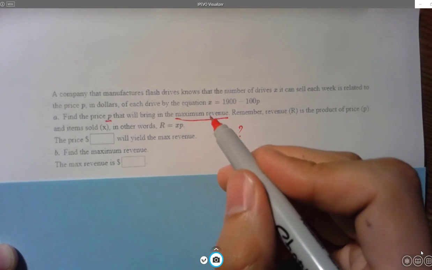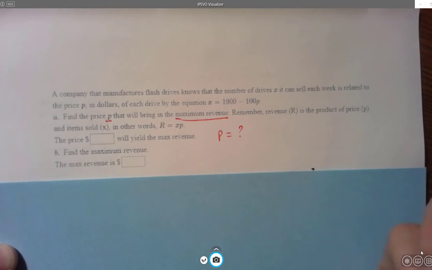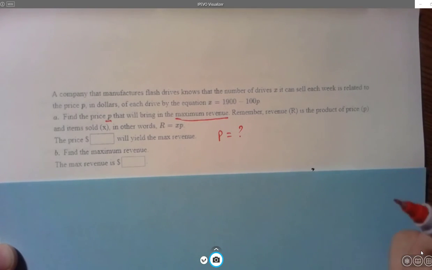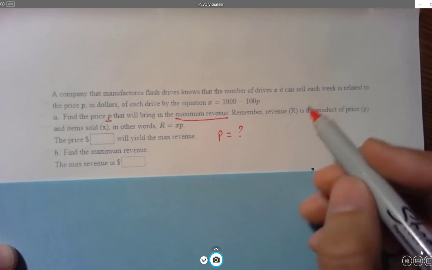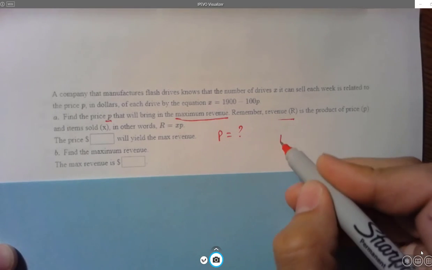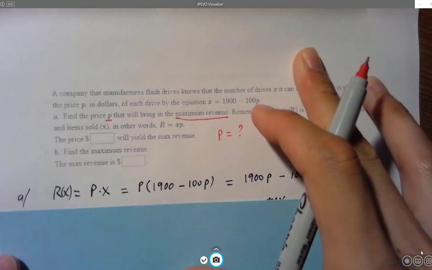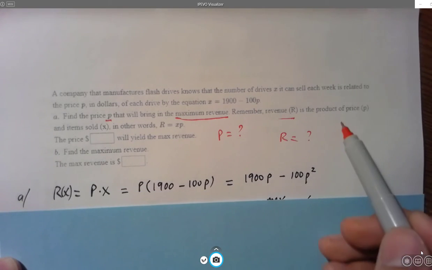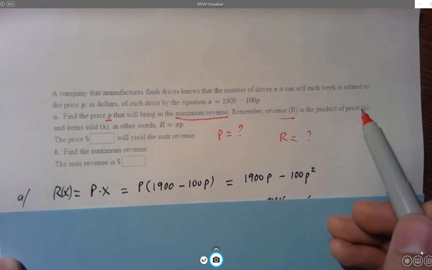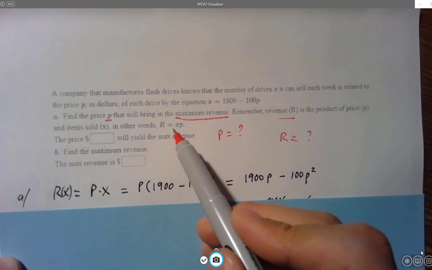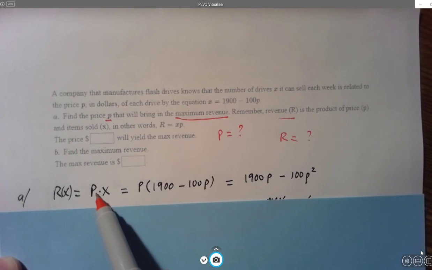Okay, so the first thing is you need to figure out the revenue equation or function. So we are looking for the revenue function R equals something. We know that the revenue is equal to the product of the price P and the number of items sold X, or R is X times P, the price times the number of items.